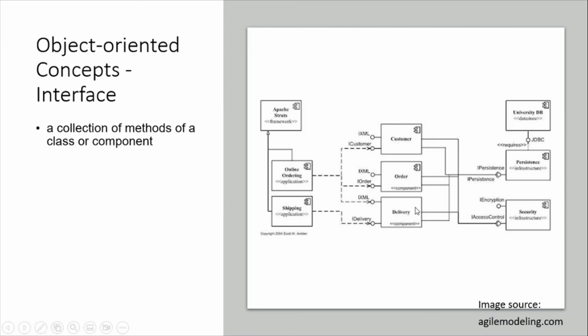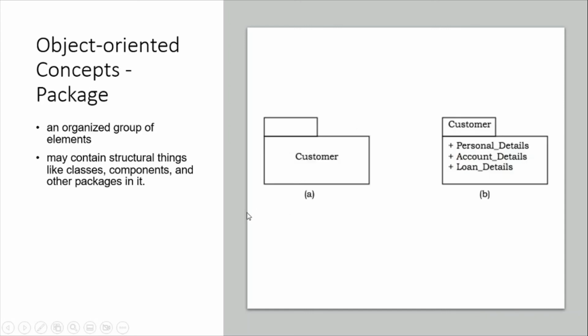For example, for the delivery class, the services connected to it is the shipping. Then for the order, it can have the online ordering, and the customer orders online as well. Then the package, this is an organized group of elements and may contain structural things like the classes, components, and others.